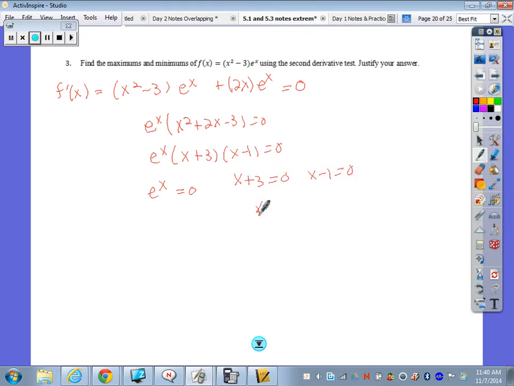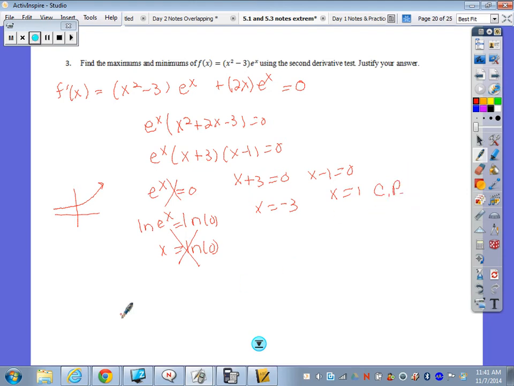So I get x equals negative 3, x equals 1, and then for this one, you can either realize that e to the x looks like this, so it's never 0, or if you take the ln of both sides, you get x is equal to the ln of 0, which doesn't exist, so this one is canceled out. It doesn't work. So my only two critical points are negative 3 and 1.